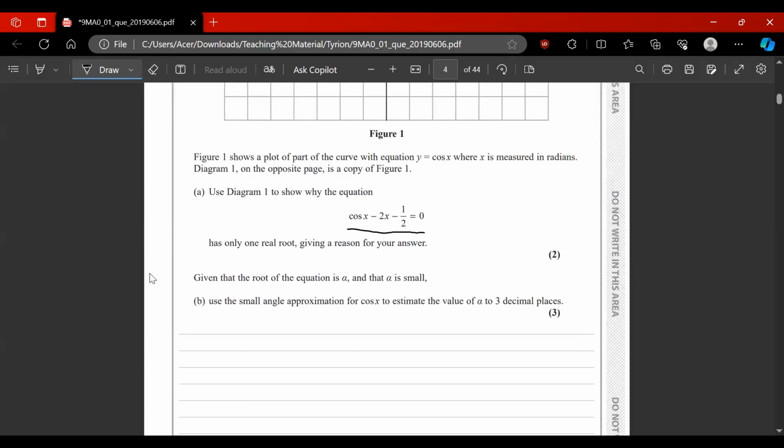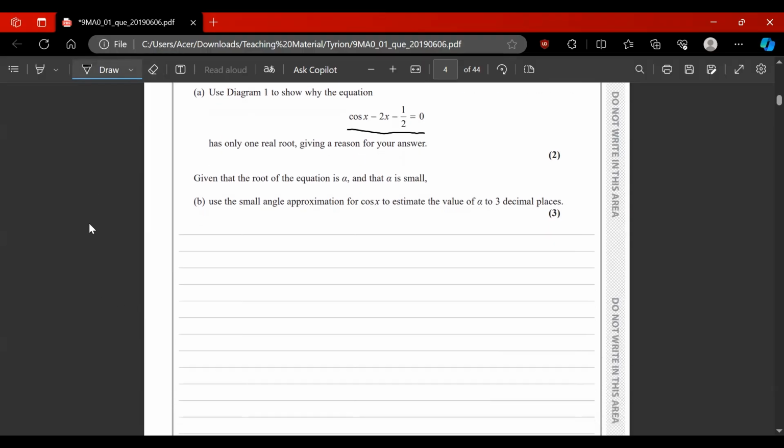On to the second part of this question. Given that the root of the equation is alpha and that alpha is small, use the small angle approximation for cos x to estimate the value of alpha to 3 decimal places.